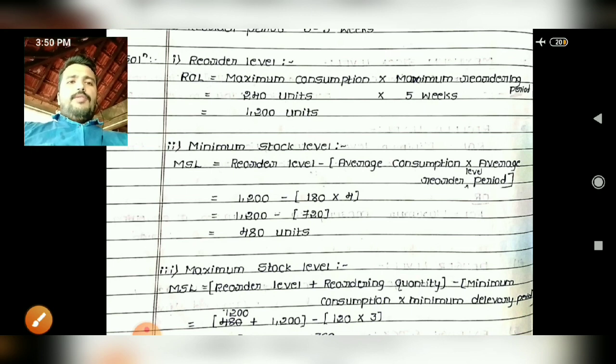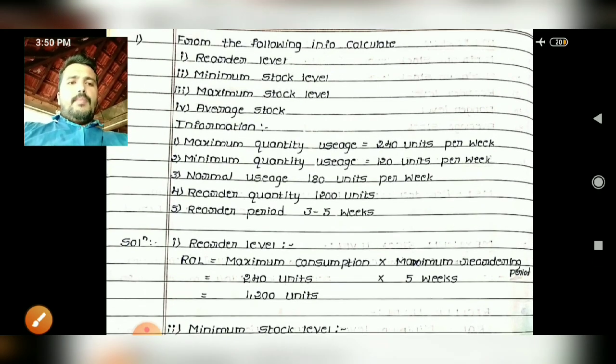See here from the question, maximum consumption means the maximum quantity usage. In a week the company uses maximum 240 units. That is given. So maximum consumption means 240 units.